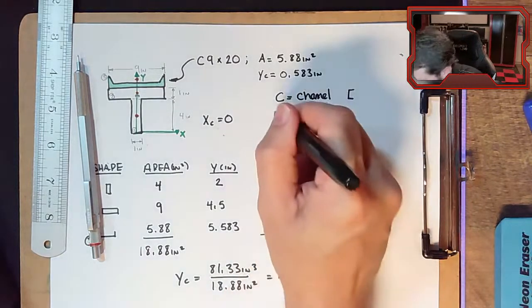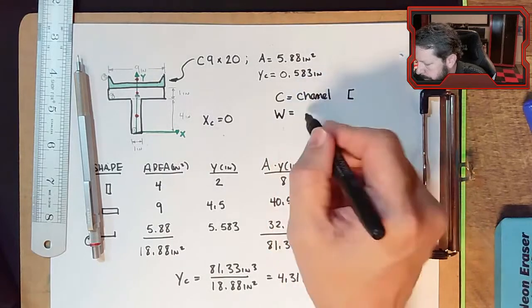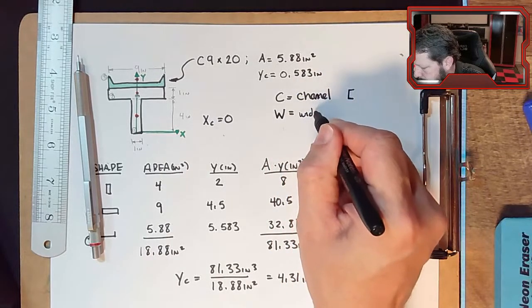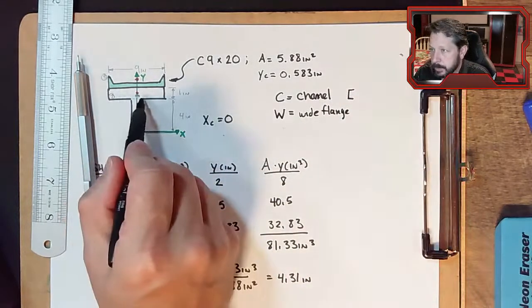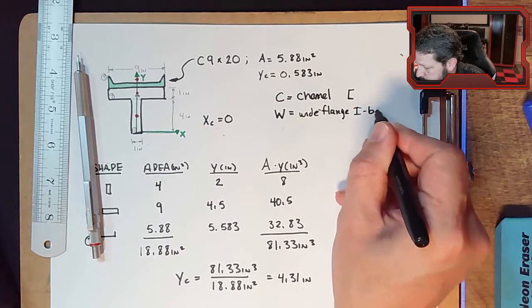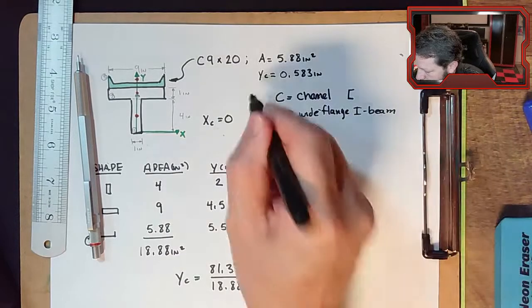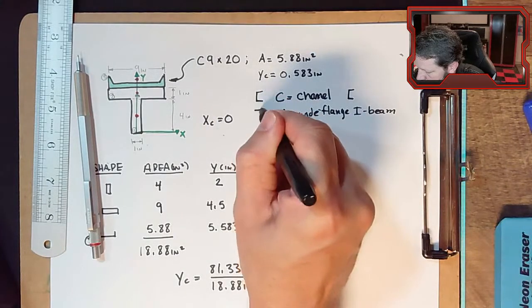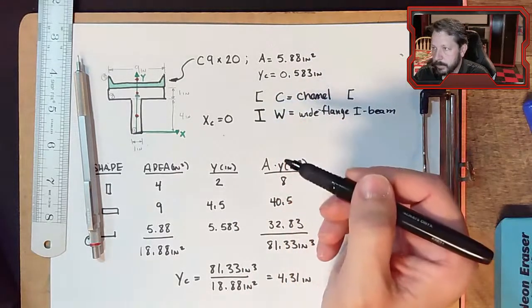A W beam doesn't look like the letter W. That W normally refers to wide flange. So remember, the flange is this part across the top. So wide flanged, and then it's normally an I-beam. So W normally looks like, maybe I'll write them over here, an I, but the flanges are kind of wide.